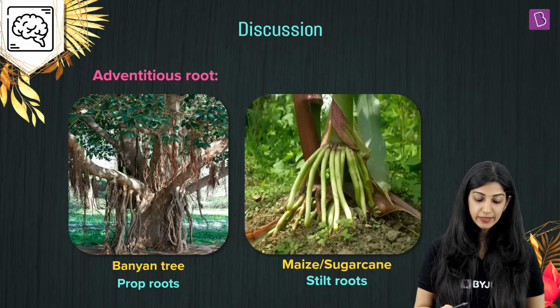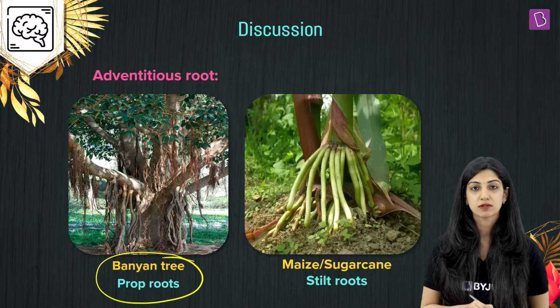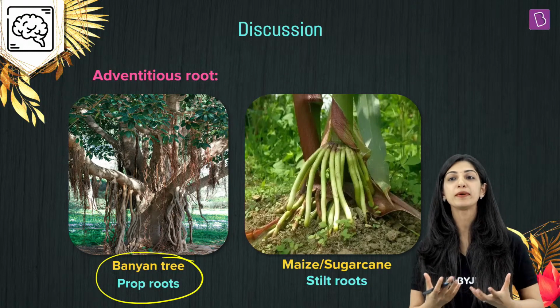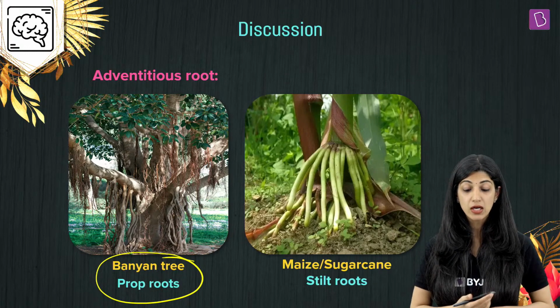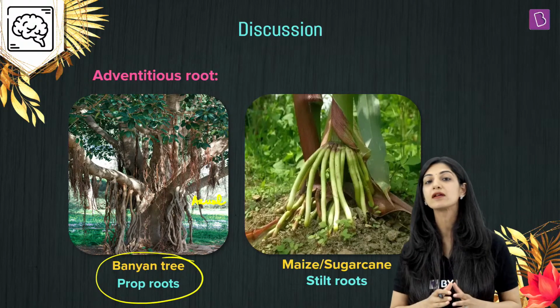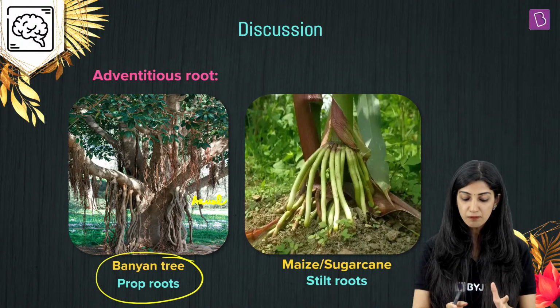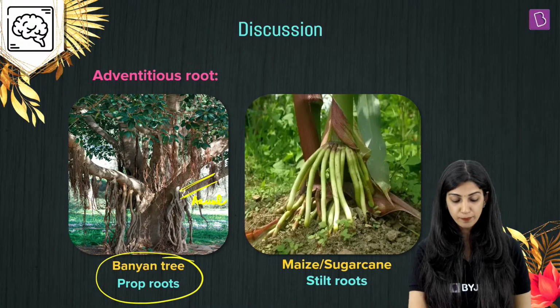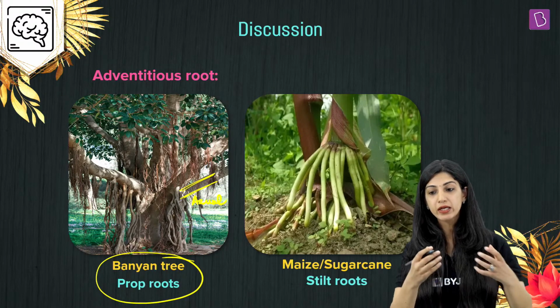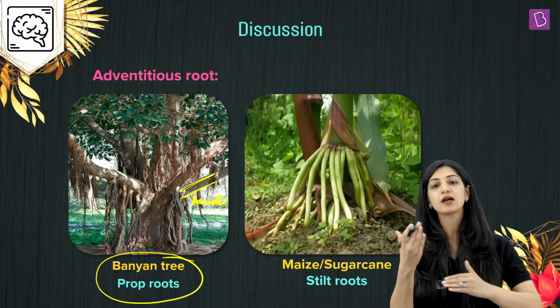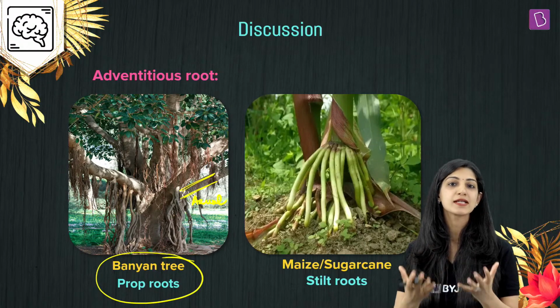So like I was telling you, banyan tree has prop roots. These are also called pillar roots because they work like a pillar for the banyan tree. Alright, now these are aerial roots. First of all, these are aerial roots. So they come, as you can see very clearly, these roots are hanging from the trunk, the branches of the trunk, and they are positively geotropic. Don't think every aerial root, every root which is outside the ground is negatively geotropic.